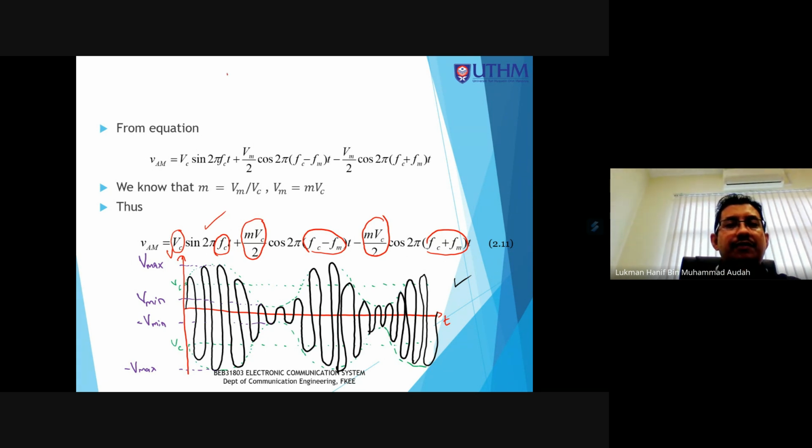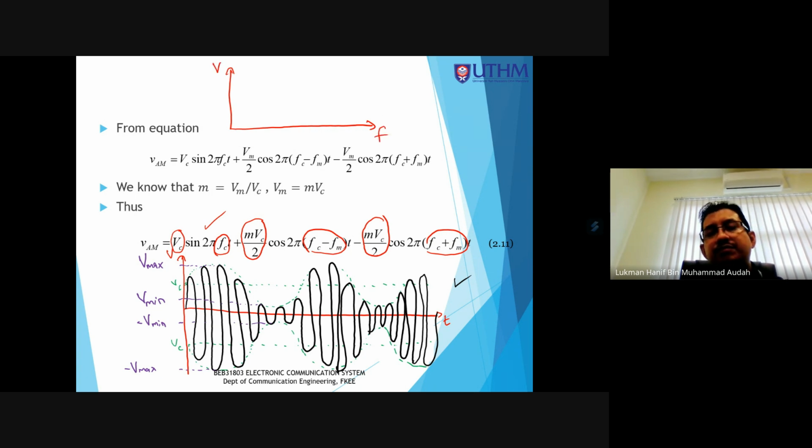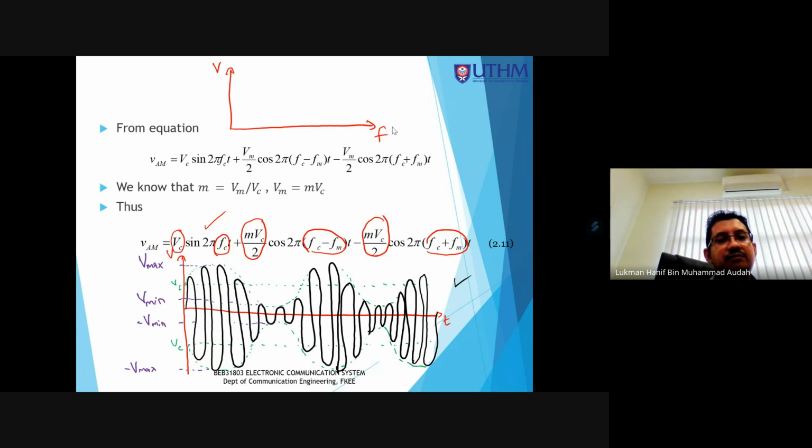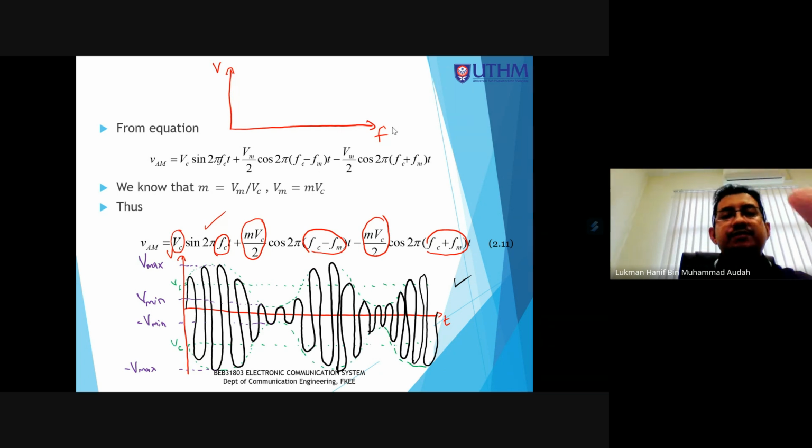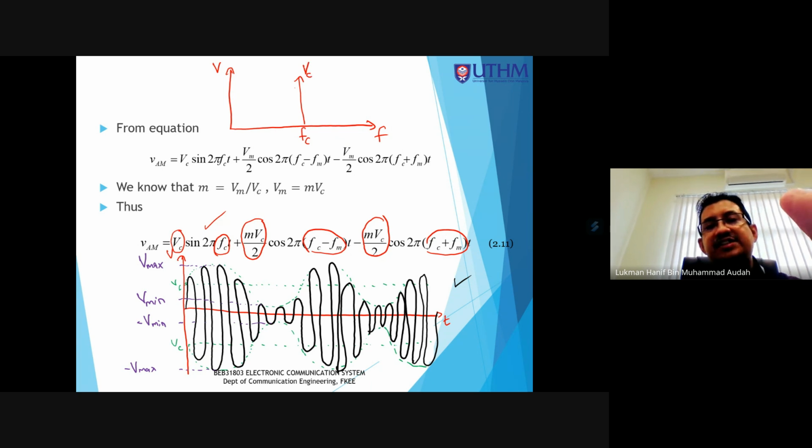Then I can draw. So this is V versus f for the frequency spectrum. Since I have three components, the first one is the carrier, located at FC with the amplitude of VC as stated in the equation.